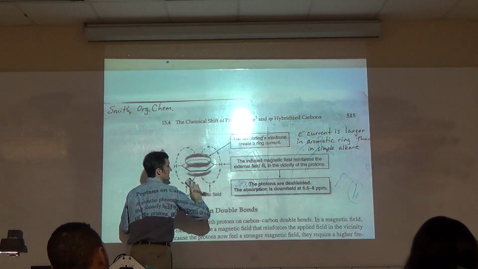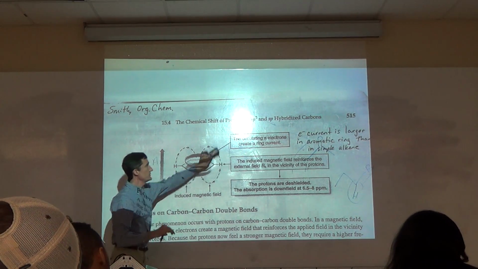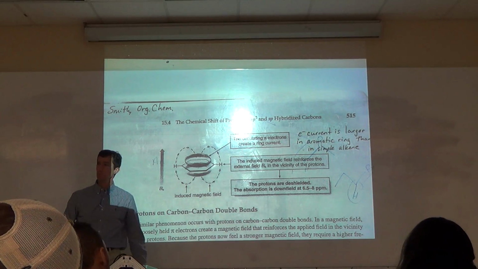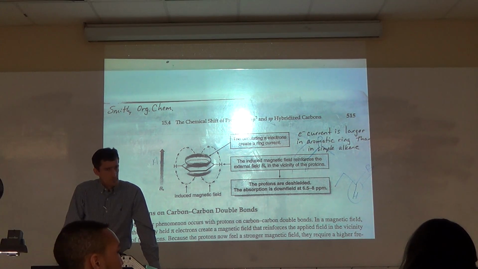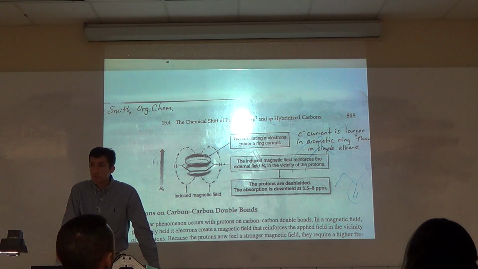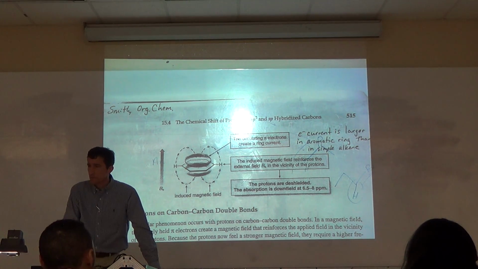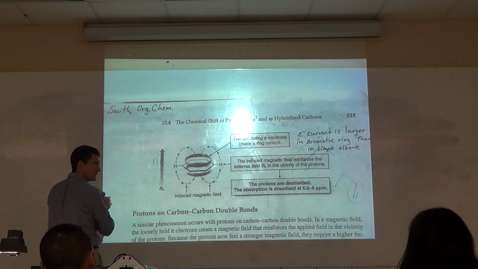Lots of electrons. Let's just take it one step at a time. More electrons should lead to more shielding or more deshielding? More shielding. So aromatics have more electrons, more shielding.